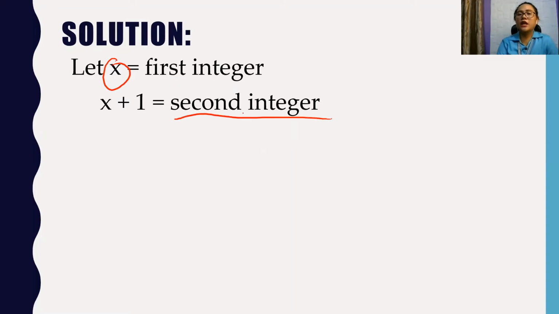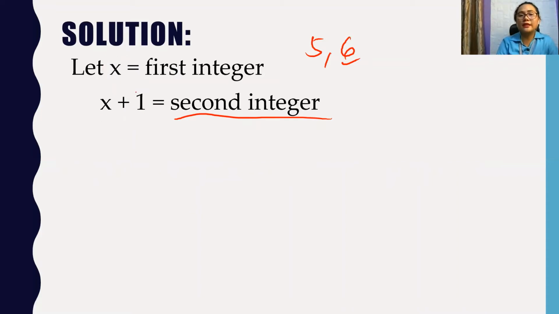Therefore, the second integer now is x plus 1. For example, kapag daw yung x natin ay 5, ang susunod niyan ay 6 because consecutive, magkasunod na integer. So, para makuha natin si 6, dadagdagan natin yung first integer ng 1. That's why yung second integer natin ay x plus 1.